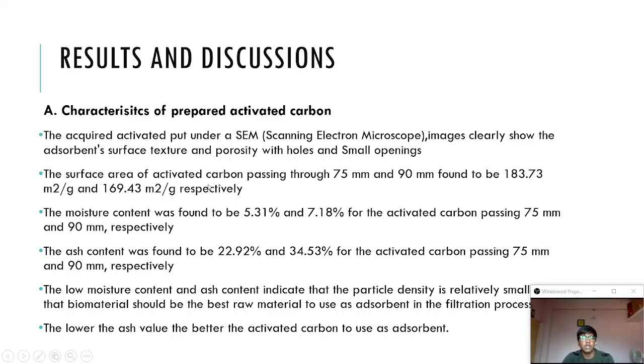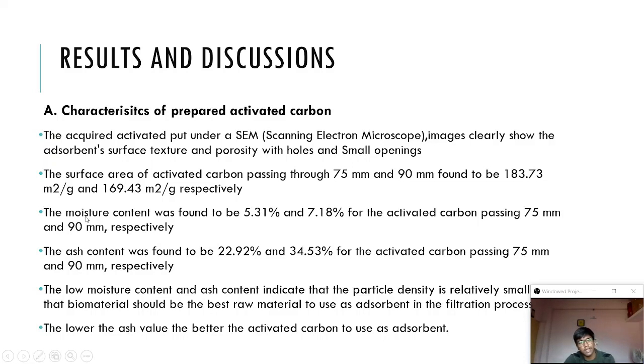The surface area of activated carbon passing through 75 millimeters and 90 millimeters was found to be 183.73 meter square per gram and 169.43 meter square per gram respectively.